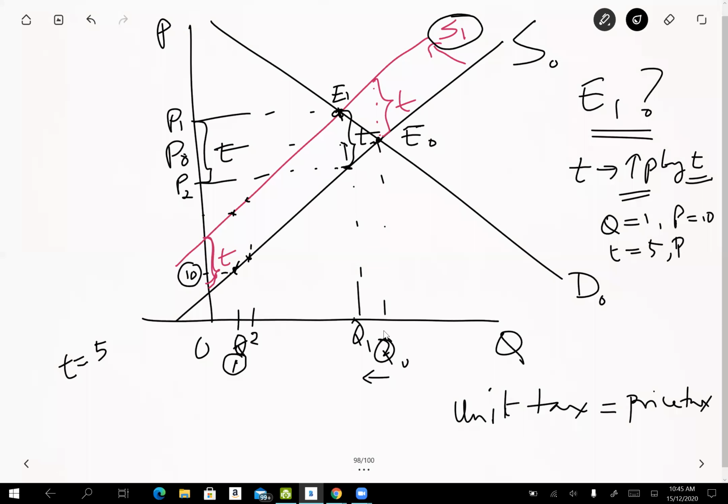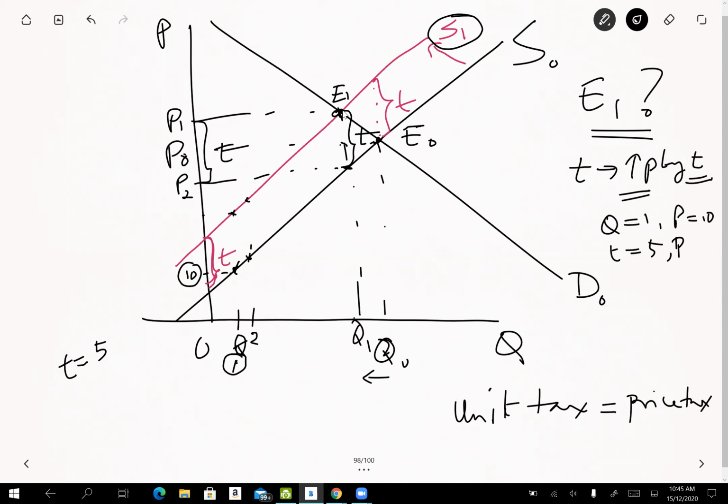Q goes from Q0 to Q1, and the price will go up from P0 to P1. The tax going to the government, if you look at the graph, at Q1, is the amount of the tax.